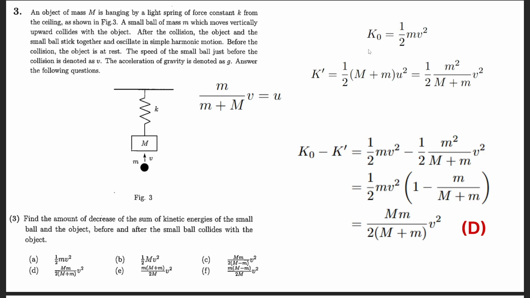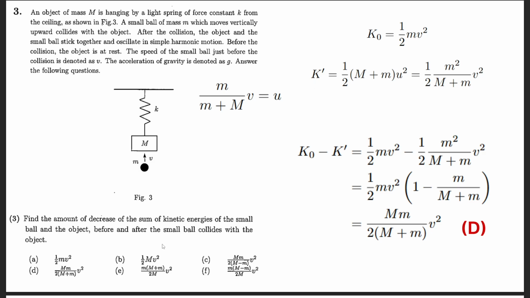And the kinetic energy before is just the kinetic energy of the ball before it collides with the big M. So that kinetic energy is a half times the mass times v squared. So the initial kinetic energy is half times mv squared.